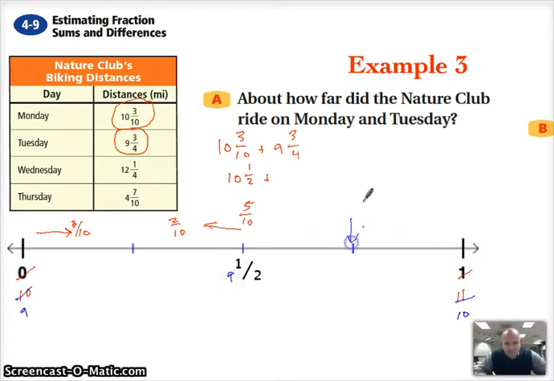What do we do? Well, we're going to round up. We're going to say that's going to be closest to 10. So we write down 10 here. 10 1/2 plus 10 is going to be 20 1/2. So what we come up with is about 20 1/2 miles that they rode combined on Monday and Tuesday.